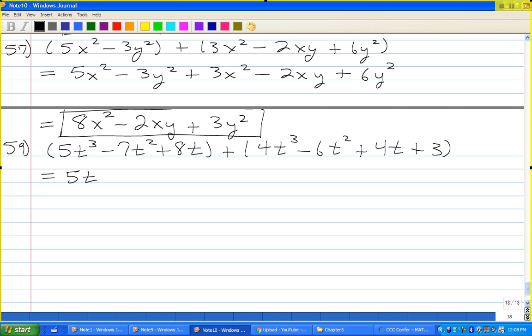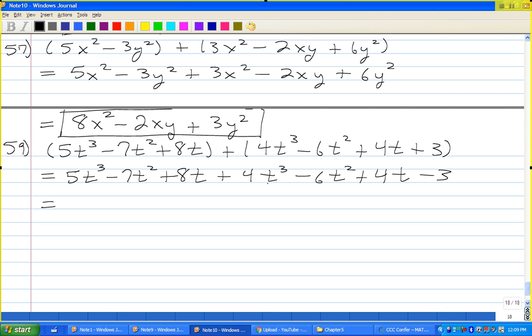So getting rid of parentheses, 5t cubed minus 7t squared plus 8t plus 4t cubed minus 6t squared plus 4t minus 3.